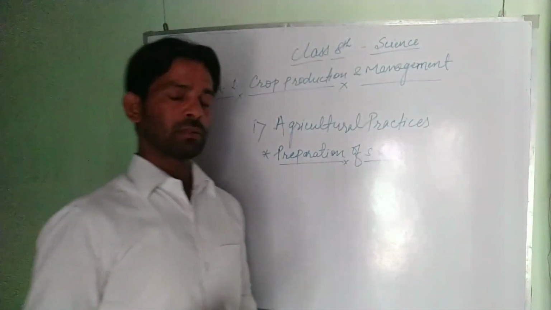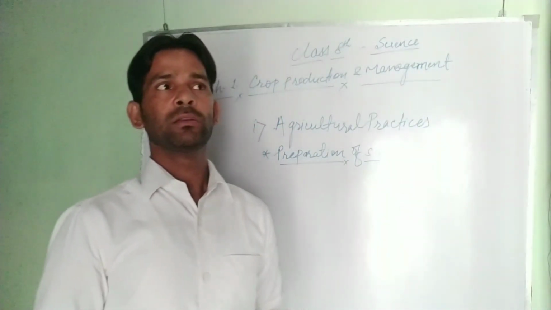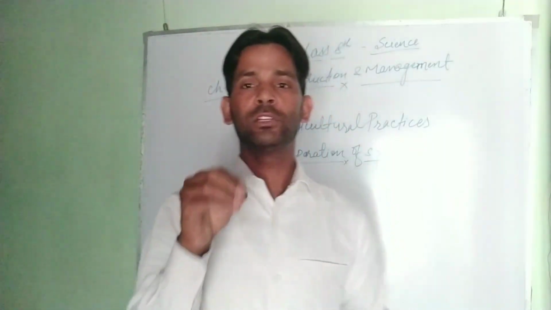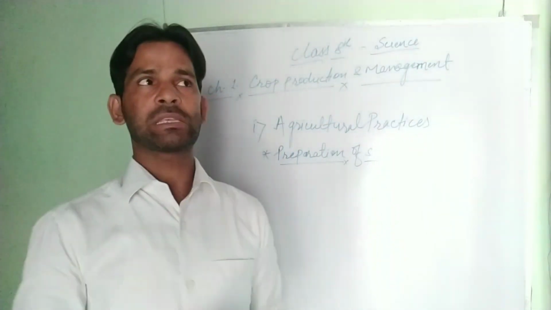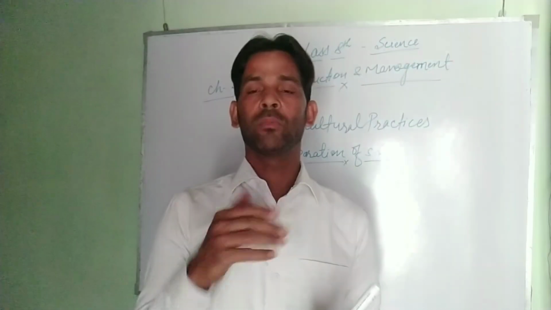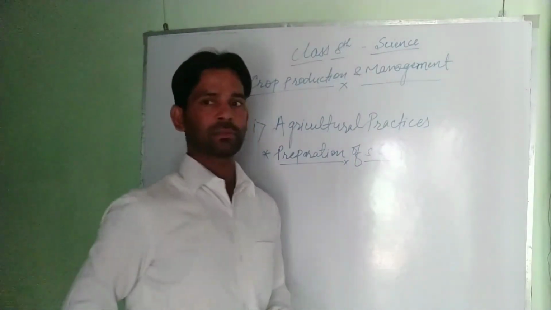That means tilling can be done by different types of modern and technical tools. These tools are what? The tractors. These are the modern tractors by which the tilling process takes place.